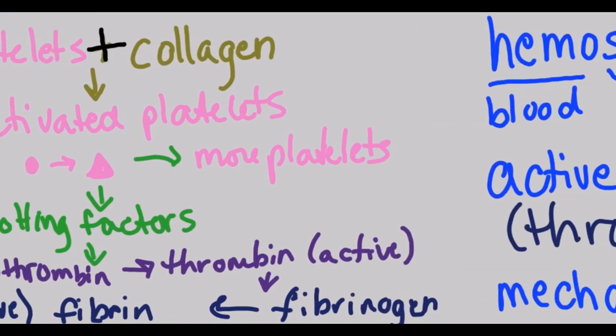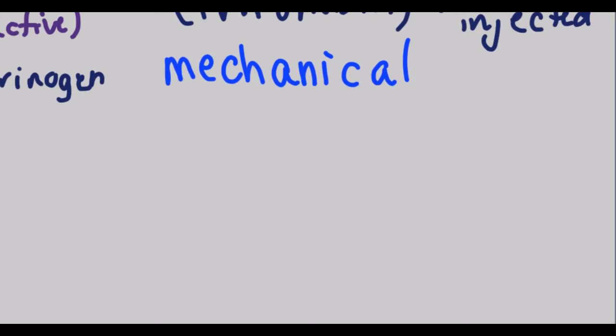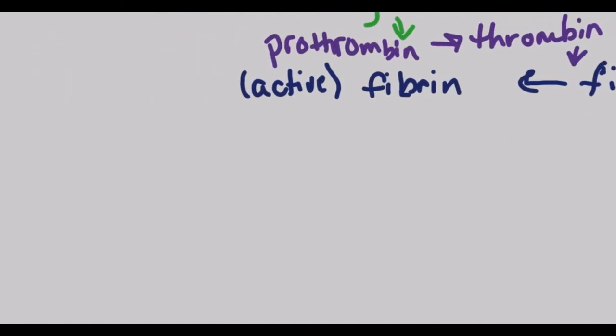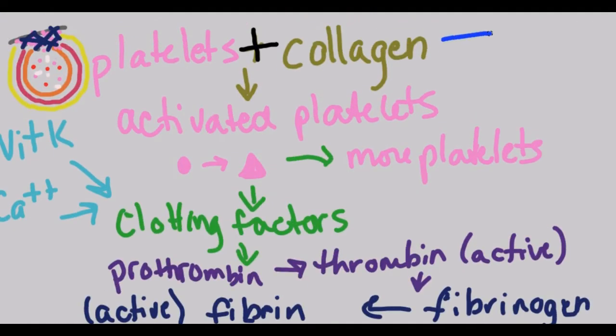Another form of hemostatic agent that we can have is going to be collagen. And if you remember, collagen is part of our cascade up here way at the beginning. Collagen plus platelets is what activates the platelets. And so it's the platelets touching the connective tissue on the outer edge of the blood vessel that causes the platelets to become activated.